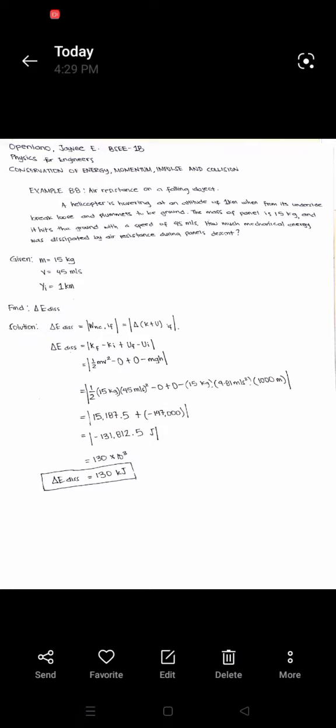Using scientific notation, the answer is 130 times 10 raised to 3. So our energy dissipated is equal to 100 kilojoule. If you noticed, the negative disappeared because of the absolute value, even though the air resistance does negative work on the falling panel.